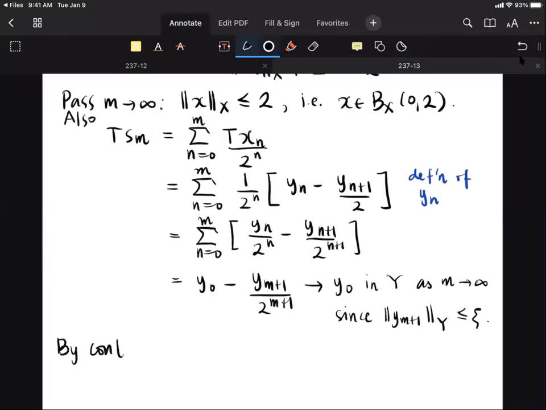By continuity of T, T S sub m must converge to T x. Take note that S sub m tends to x, so this must be Tx in Y as m tends to infinity.